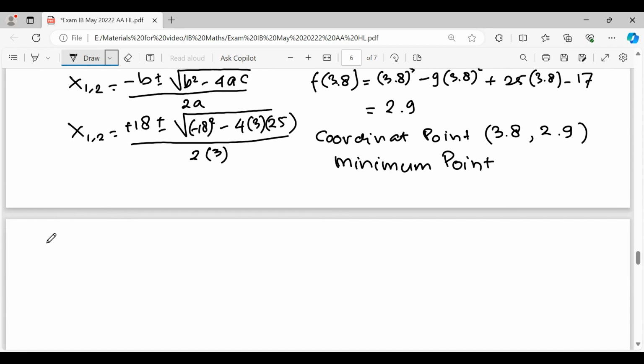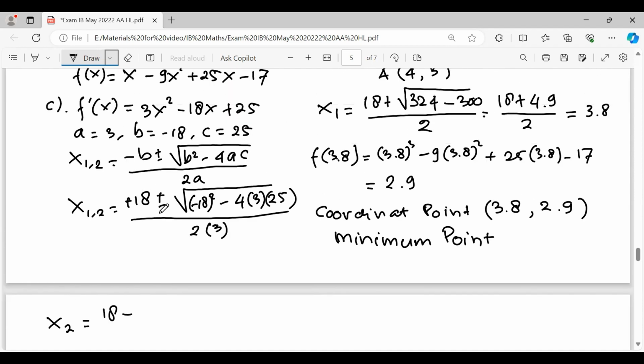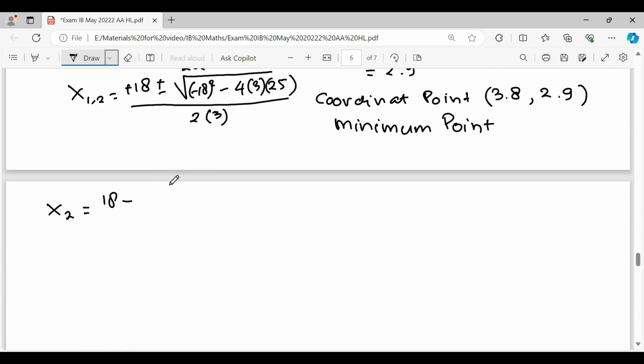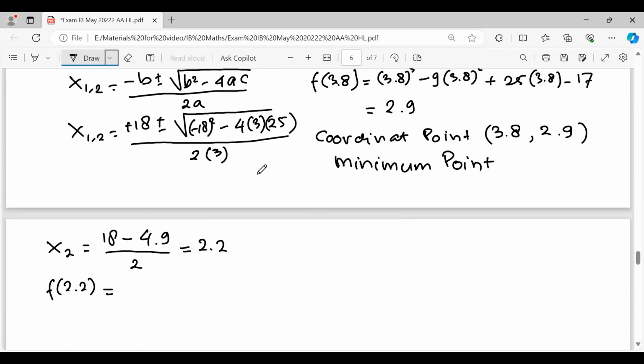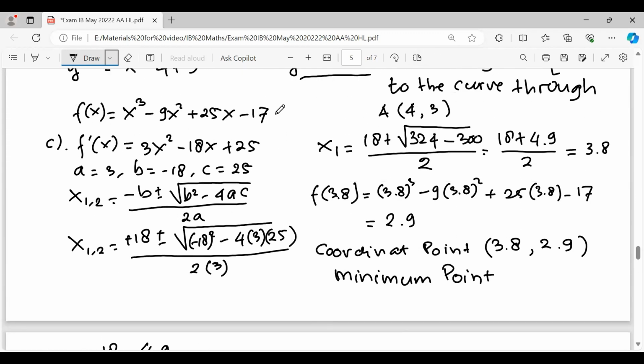The second x, so x2, is 18 minus square root 24 minus 4.9 over 2. And it is 2.2. So next we found if x equals 2.2, so f(x) equals, substitute into this function.